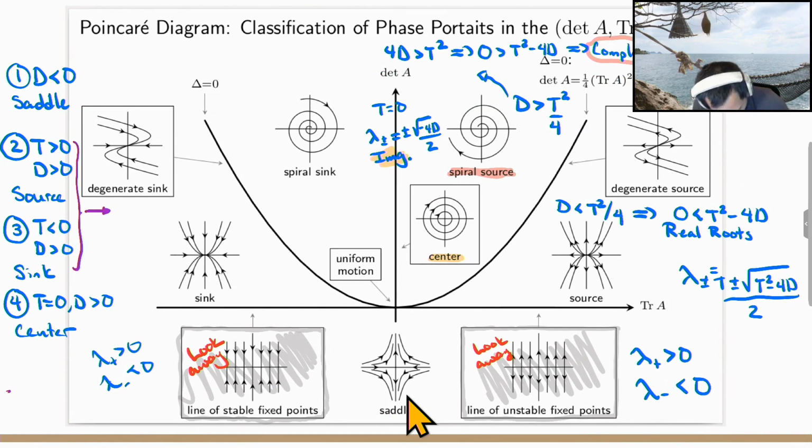So how do I figure out which source or sink I'm talking about here? I can look at t squared minus 4d to figure out whether or not I'm complex, repeated, or real. Okay.